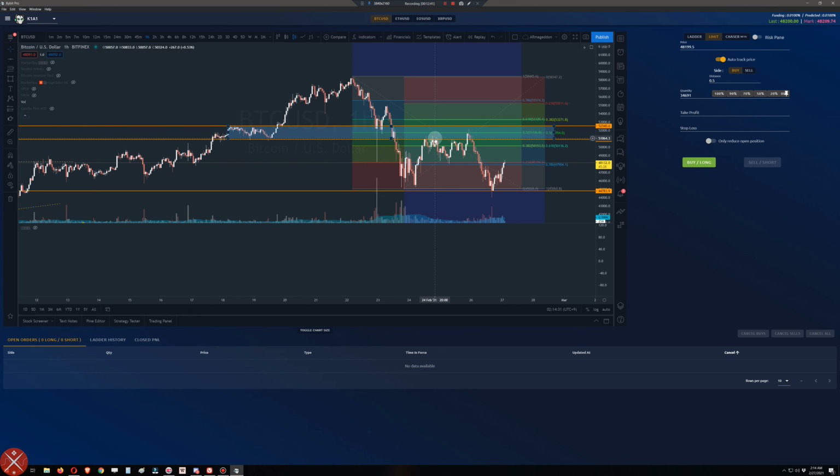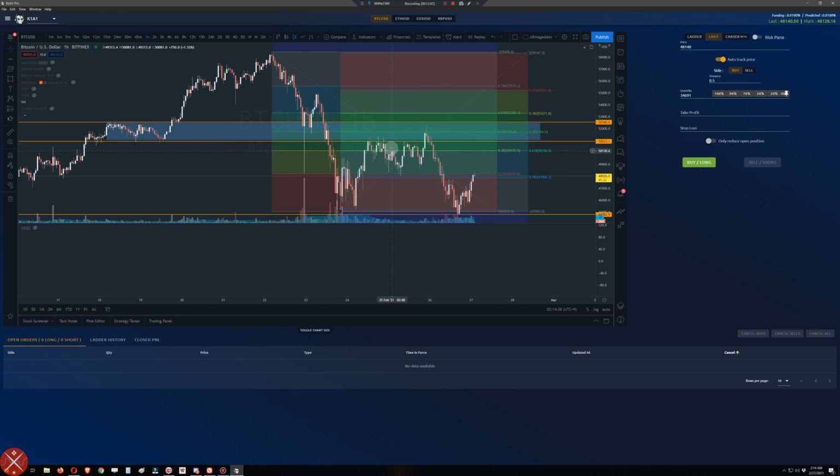Might as well just go long. I have a pole, I have a flag support, cool. Now, what sucks here is that when this broke down, my stop loss was here, and on the flag it was quite a distance away, so it took a nice little bite out of my position. I actually sized up on it a little too aggressively.